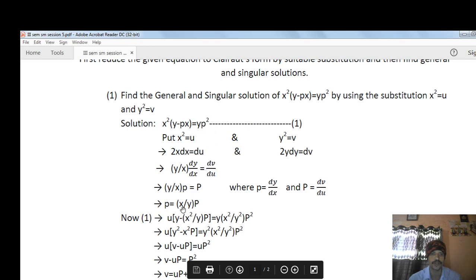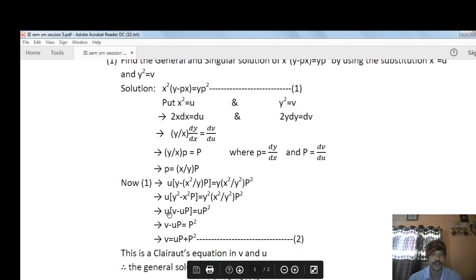That means the square of this: x square by y square into capital P square. u into, in this bracket, take y LCM. y into y square minus x square p is equal to, now multiply the LCM y to the right hand side, y into y square into x square by y square p square. u into, but y square is v, minus x square is u into capital P, is equal to, now y square gets cancelled, but x square is u into capital P square.